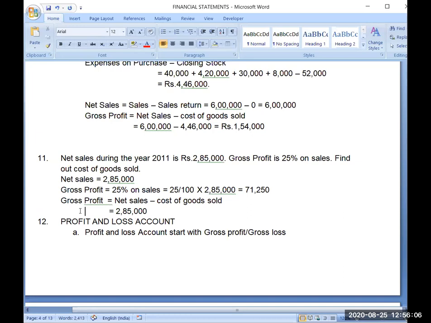And you know the gross profit also, it is 71,250. And you have to calculate this cost of goods sold.